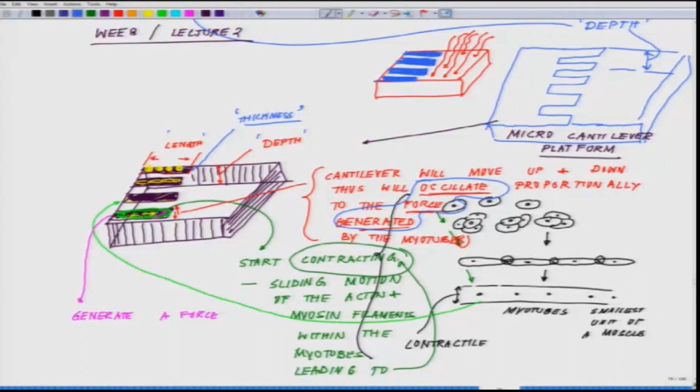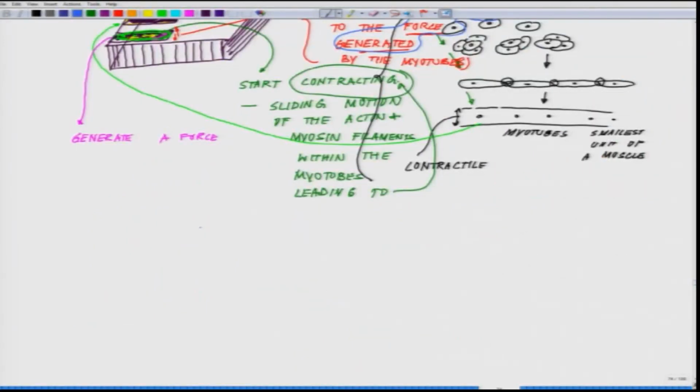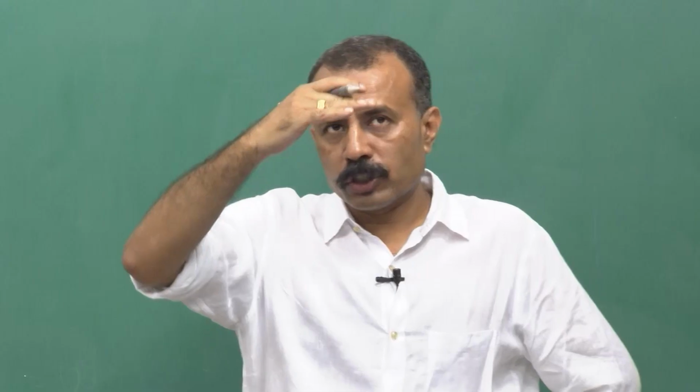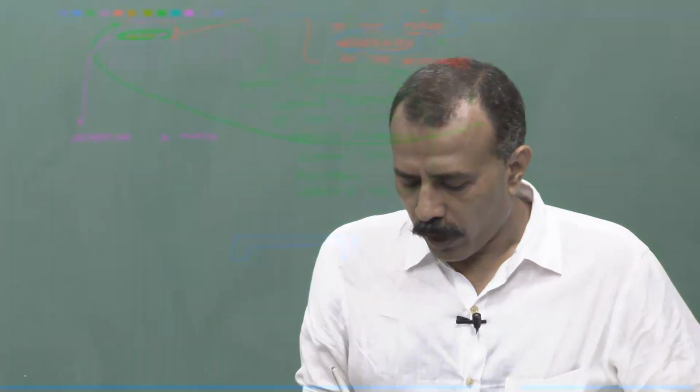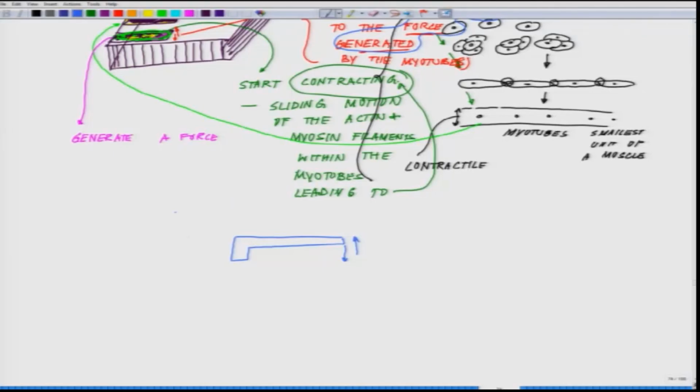If in some way you can measure the change in angle, say this is the cantilever and this is your baseline, then while it oscillates, the next stage will be something like this.